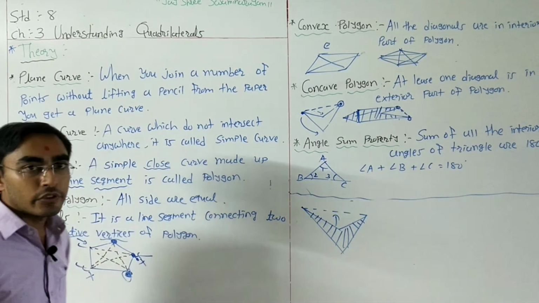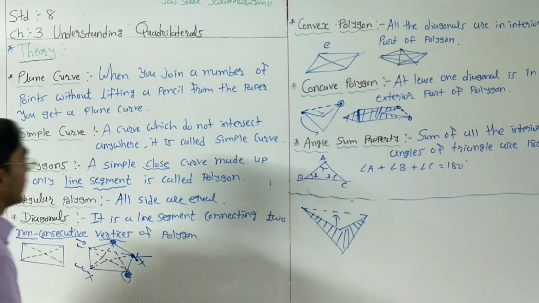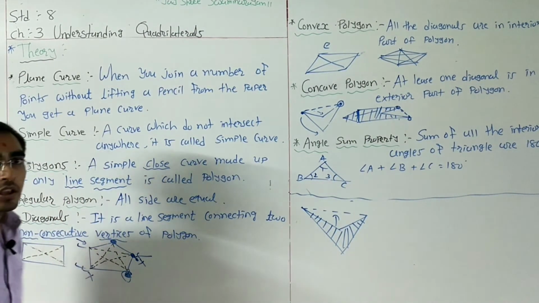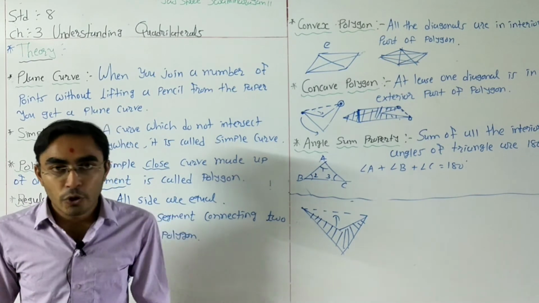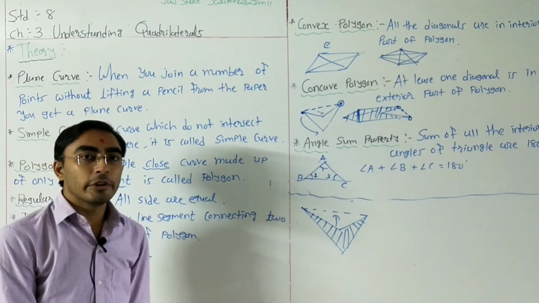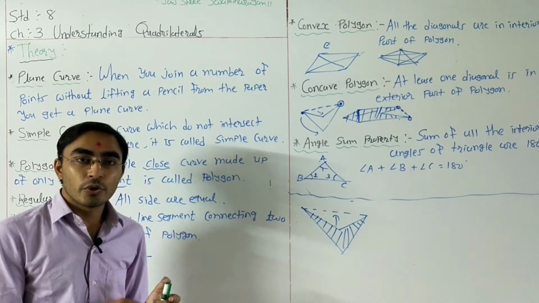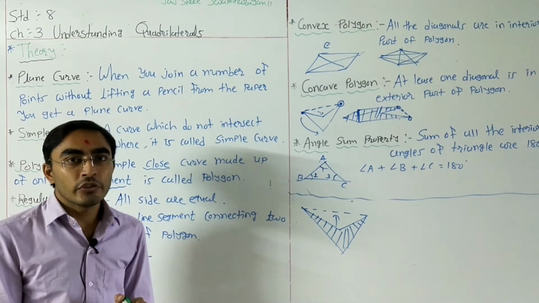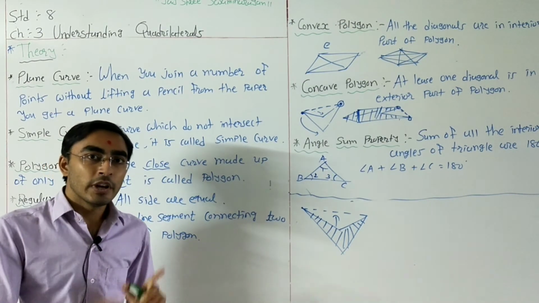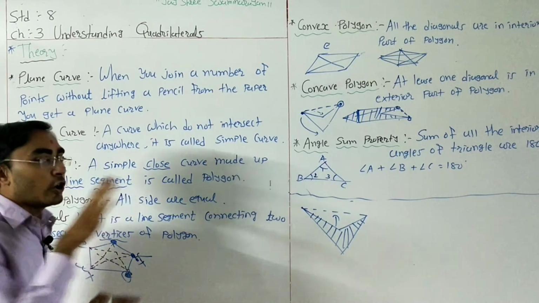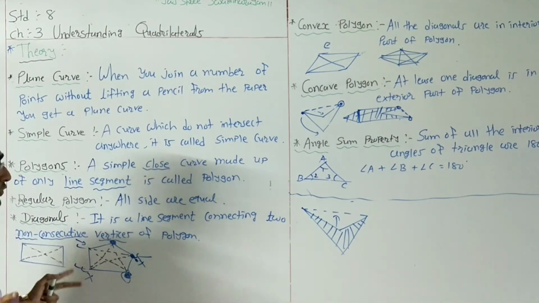Then simple curve means which does not intersect anywhere. Polygon means a simple closed curve. Closed means starting and ending point are the same, and it is made up of only line segments.